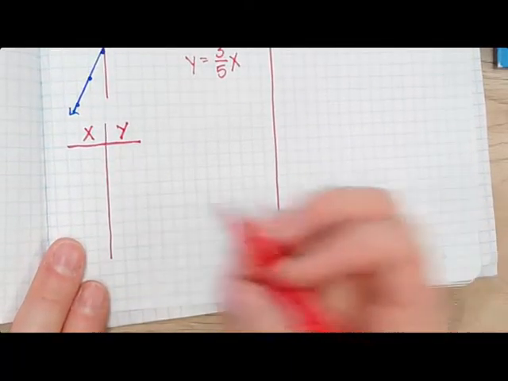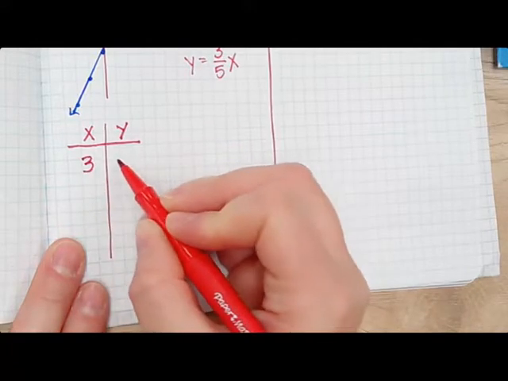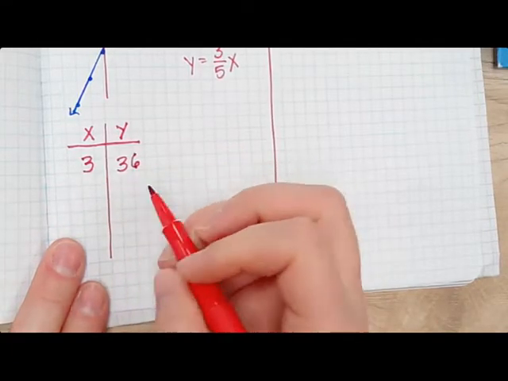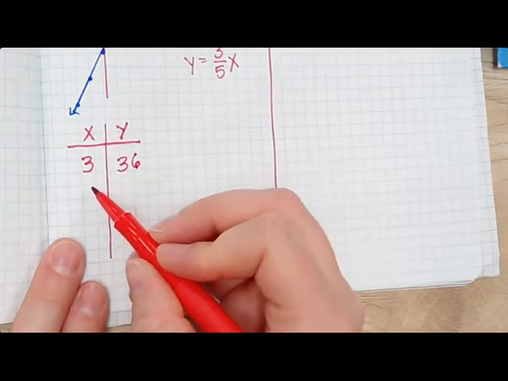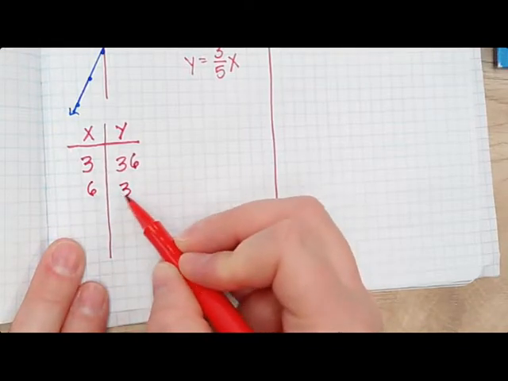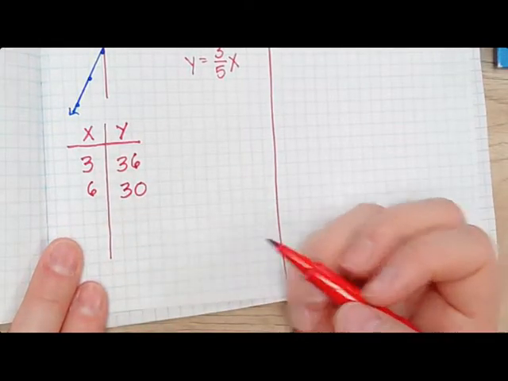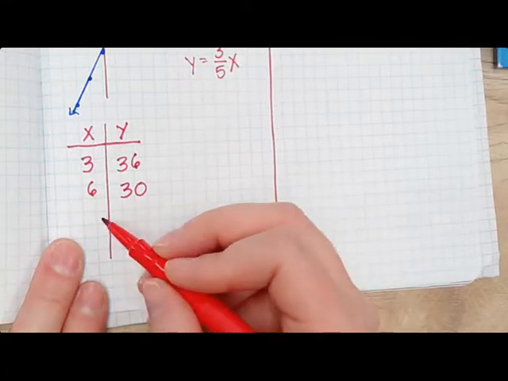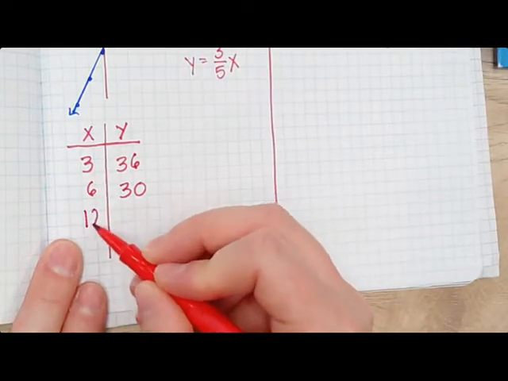And we have values. So let's say 3, 36, 6, 30, and then 12, 18.